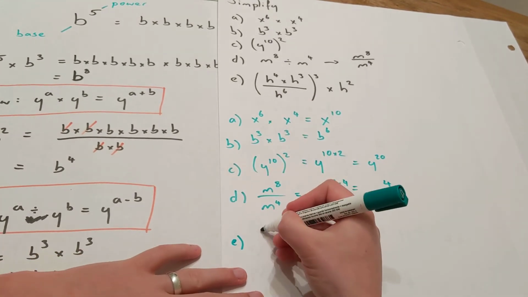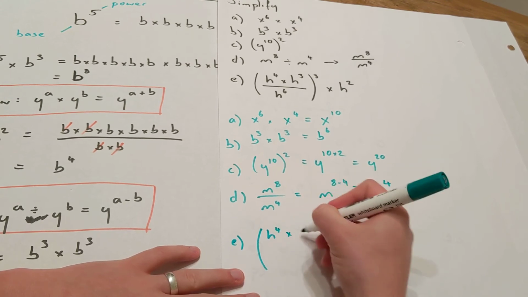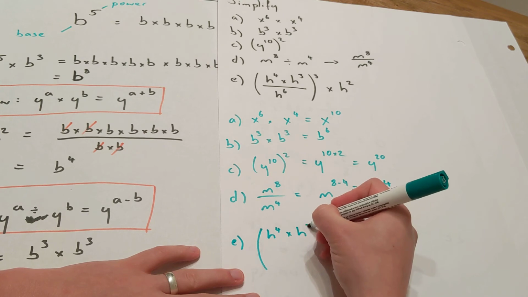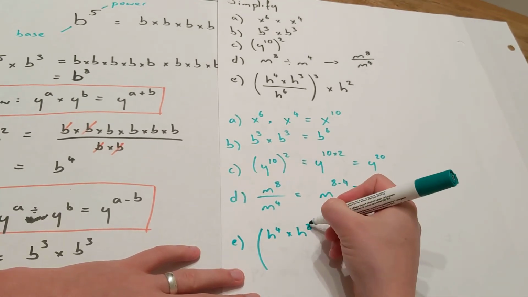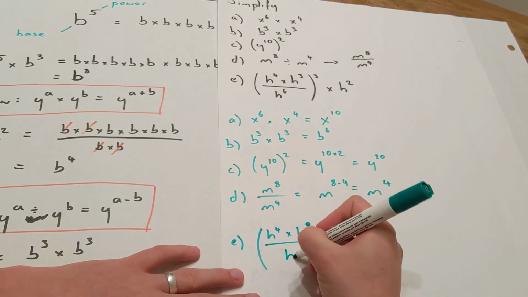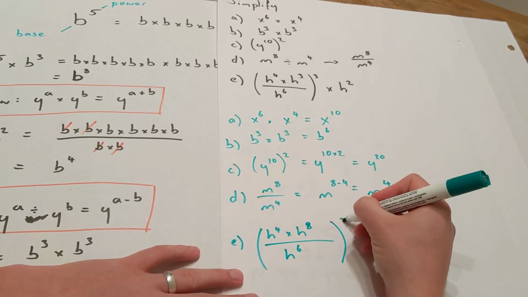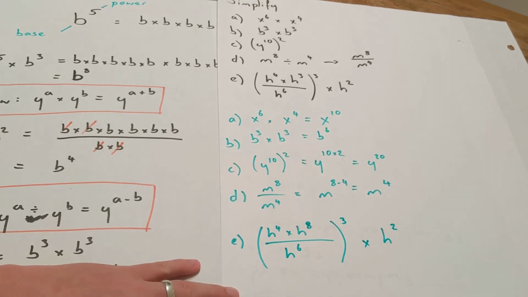So here we've got h to the power of 4 times h to the power of 8, divided by h to the power of 6. All of that is to the power of 3, and that is times by h squared.